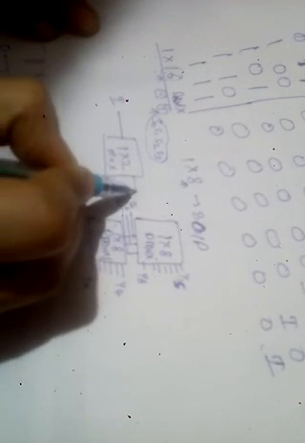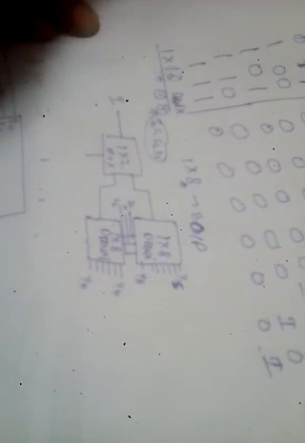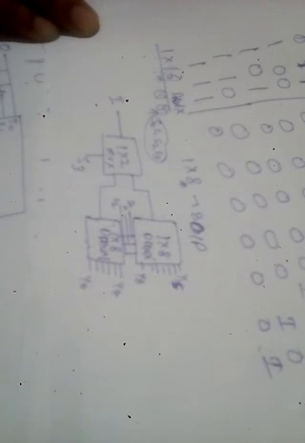In the first stage, we are going to use a 1 by 2 demux, which has only one input, that is I, and 2 outputs that will be connected to one upper and one lower 1 by 8 demux, and it will have one selection line, suppose S3.